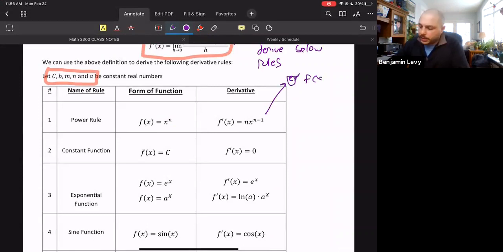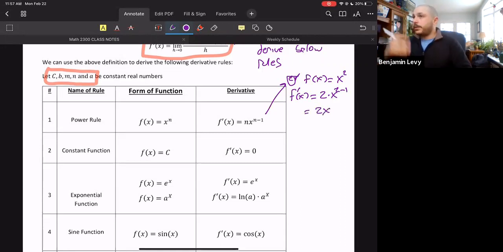If our function is, for example, x squared, like we just looked at previously, we found that the derivative of that was 2x. And here, what we're seeing is that rule in practice, right? The derivative is bring down the power, subtract 1 off the power. That's what this rule tells us to do. And so we get 2x, just like we found previously.